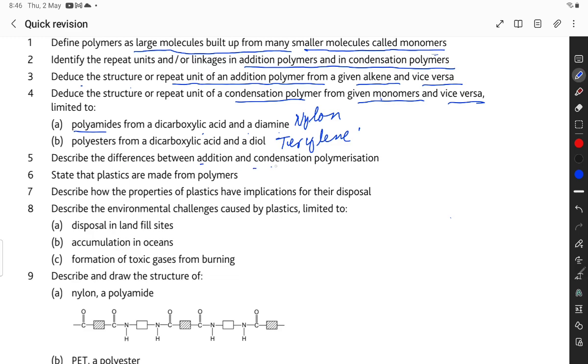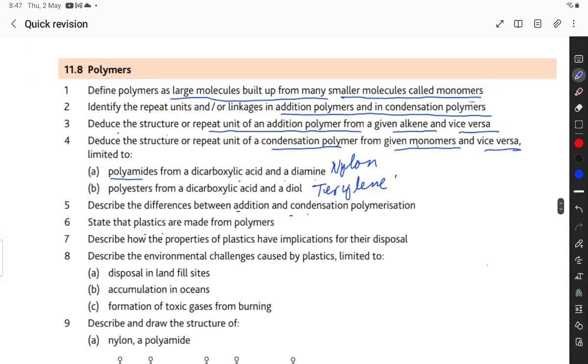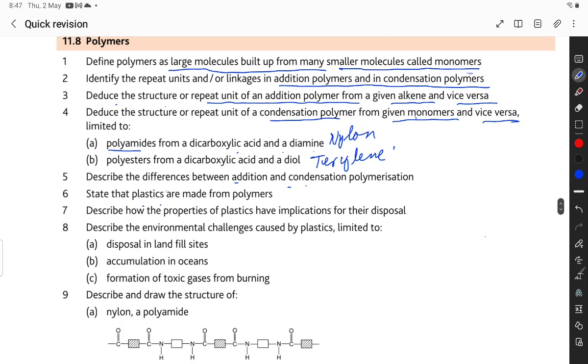Describe the difference between addition and condensation polymers. In addition polymerization, many monomers of the same type are used, and it is the property of alkenes. In condensation polymerization, two different monomers, like a dicarboxylic acid and a diamine, form nylon along with water molecules, and terylene with water molecules.